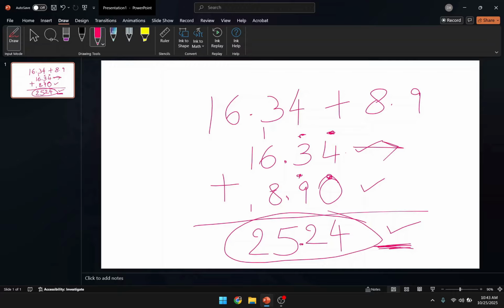16.34. The estimation could be 16. Why did I say 16? Because I'm rounding 16.34 to its nearest whole number. I'm estimating it. So how do you round it? How do you estimate it? Look at the digit in the tenths place.